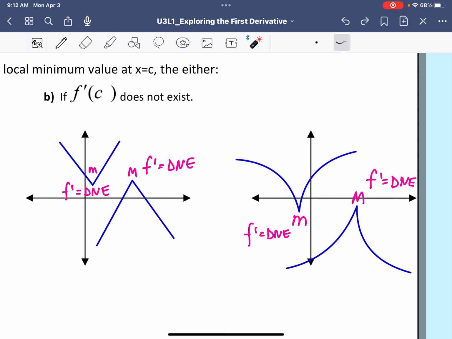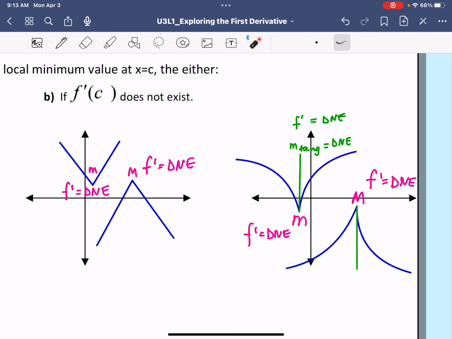However, if we were to determine the derivative of the function at those points, which is basically the slope of the tangent, then the slope of the tangent at those points, since the tangents are vertical lines, will be undefined in value.